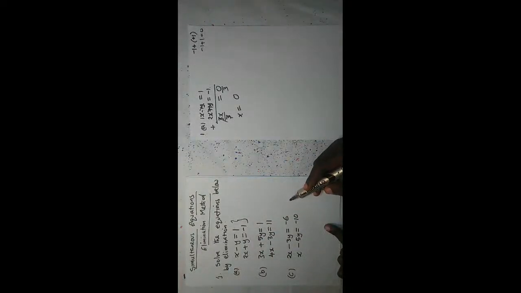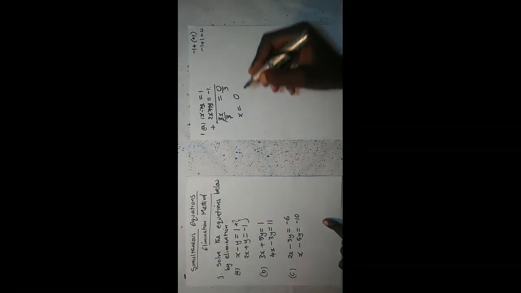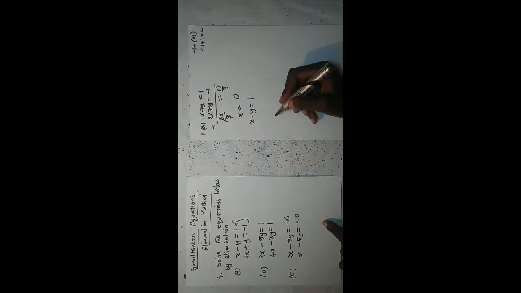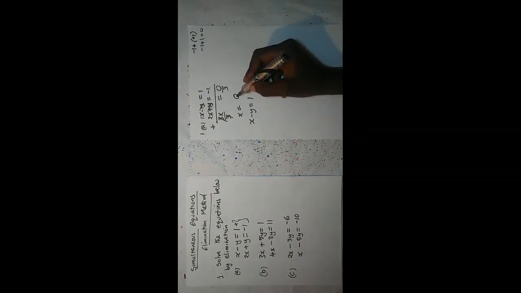Okay, so now that we found the value of x, we need the value of y. So from the two equations that we have, you can choose any of the equations to find the value of y. So I'm going to use the one on top, this one here, x minus y is equal to positive 1. And then you will substitute this 0 where there is x here, because x is equal to 0.